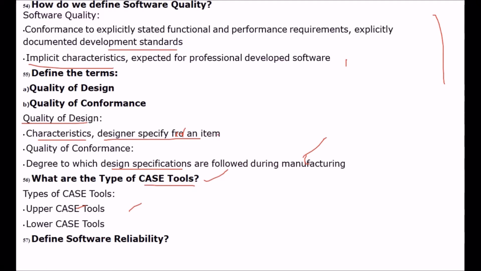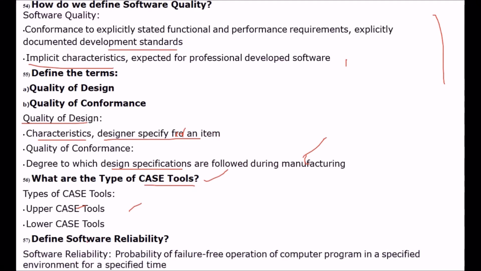What is software reliability? Software reliability is defined in terms of probability. It is the probability of failure-free operation of a computer program or software in a specified environment for a specified time. Again, since it is a probability, the value will be between 0 and 1.